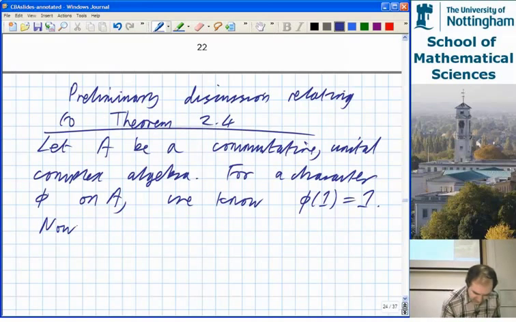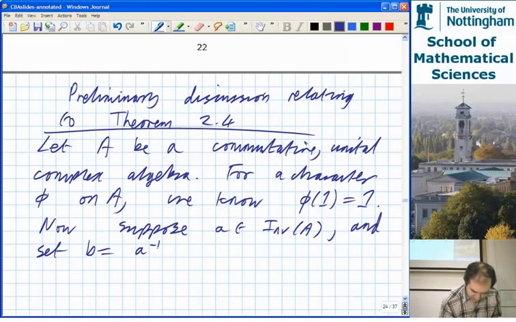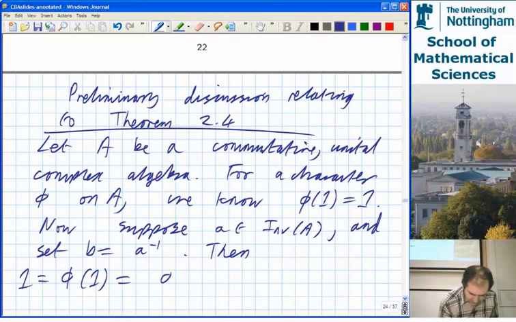Now, suppose you've got an invertible element a, and we'll set b equals a to the minus 1. Then 1 is equal to phi of 1, which is equal to phi of ab, where b is a to the minus 1. That's equal to phi of a times phi of b.